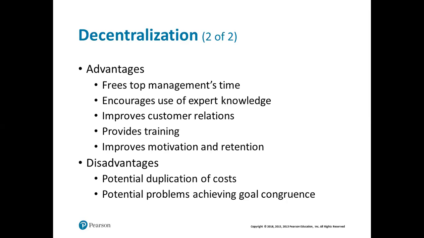Why we're using decentralized versus why we don't. And again, there's a possibility of duplication of efforts, which can be very, very expensive. So they have to consider that. That's going to be one of those things they consider. But it also allows organizations to tap into their staff and their individuals with their knowledge base.